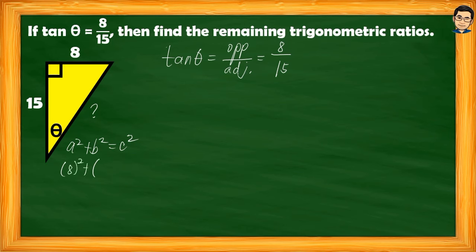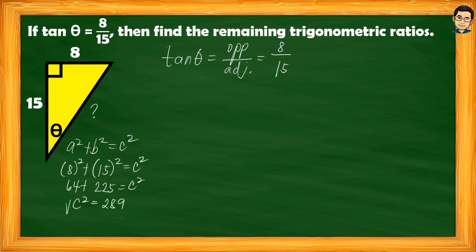And then, yung adjacent natin, yung b, is yung magiging 15. And then, yung unknown natin, yung hypotenuse, c squared. So, 8 squared is 64, plus 15 squared, 225, equals c squared. And then, i-add lang natin, so 64 plus 225, that is 289.